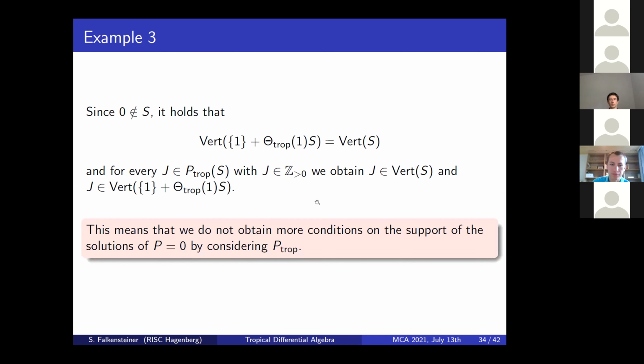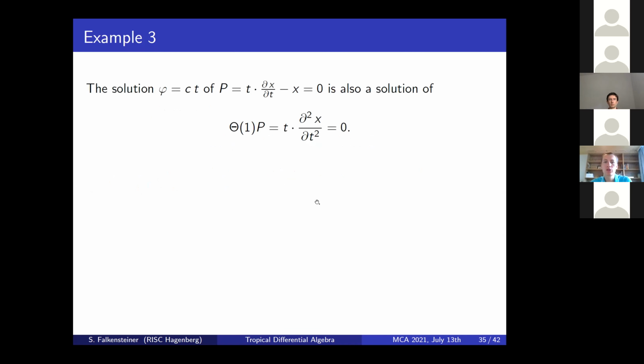But we can also take a derivative in P with respect to T. So then we obtain this single differential polynomial. In fact, it's a monomial.